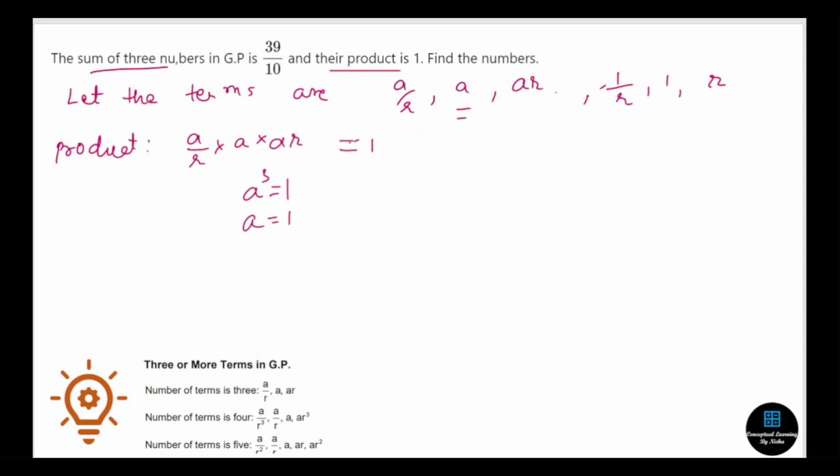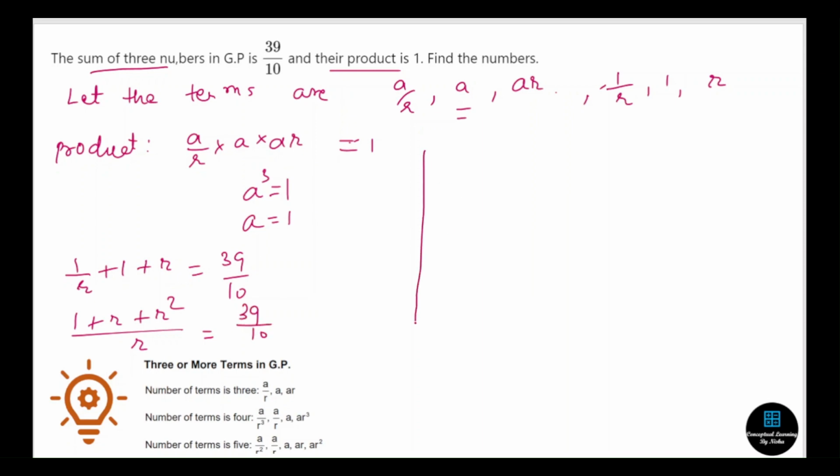Now they are saying that the sum of these is 39 upon 10. So I'll write this as 1 upon r plus 1 plus r equals 39 upon 10. Now don't be afraid. Take the LCM and simplify it step by step. If I take the LCM, I get 1 plus r plus r square upon r equals 39 upon 10.